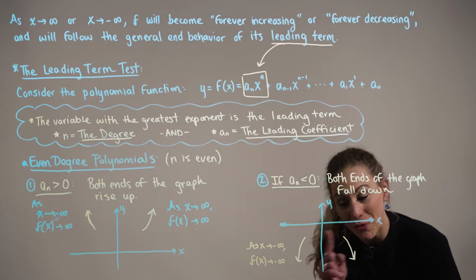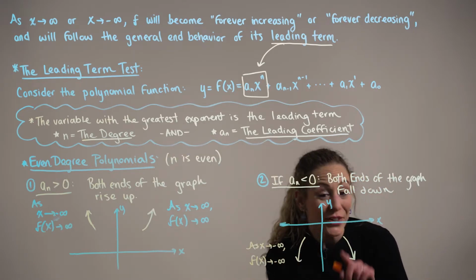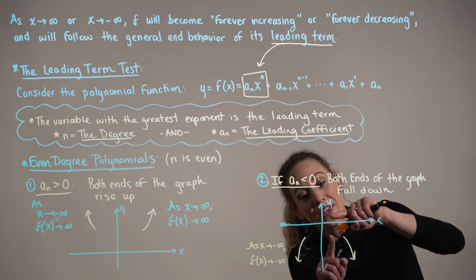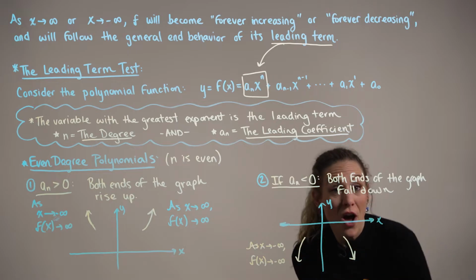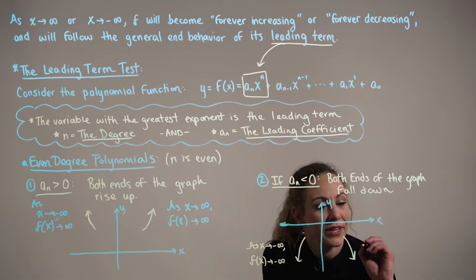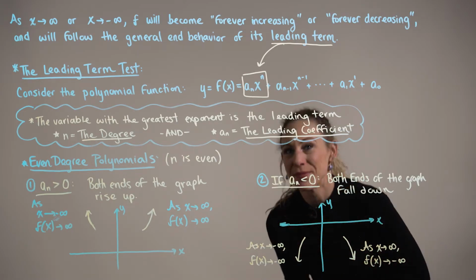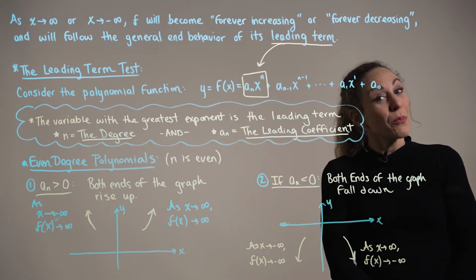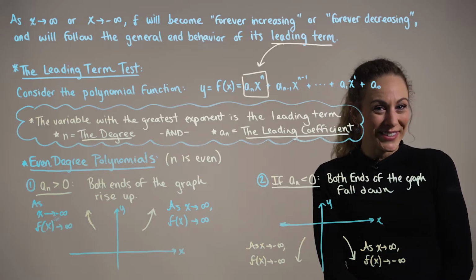Now moving to the right-hand side, again, we can observe here that as x is getting infinitely large or approaching infinity, the corresponding y values are decreasing without bound. So these are the end behaviors for even degree polynomials, but what about odd degree polynomials?